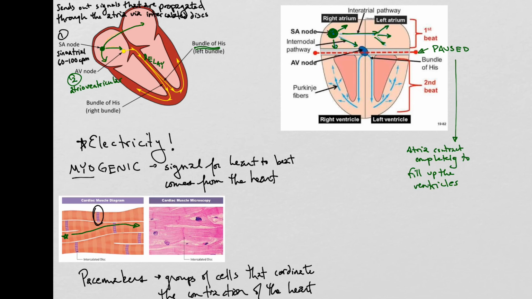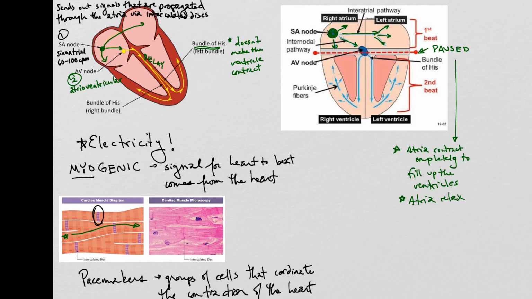Now, this bundle of His right here doesn't make the ventricle contract yet. It's just traveling down here. And once again, this is that pause so that the atrium can completely empty out, which is incredibly important. So the atrium is going to completely empty out so that the ventricles can be filled up. The atria are then going to relax. This is just right from our notes from yesterday.